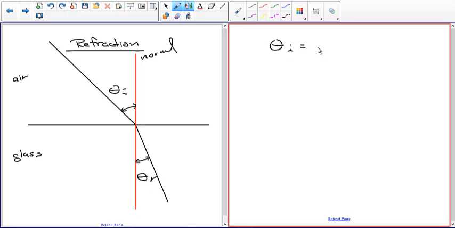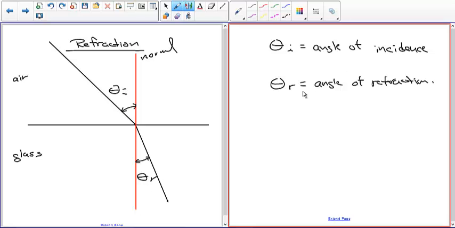That's the angle of incidence. And this is the angle of refraction. These are in degrees, not radians.